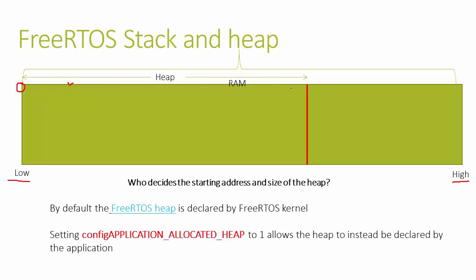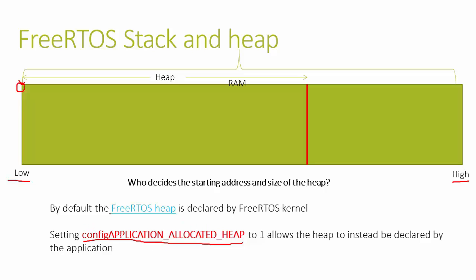By default, the FreeRTOS heap is declared by the FreeRTOS kernel itself. The place from where it starts, and the size of the heap, will be decided by your kernel during compile time. If you don't want the kernel to decide it, then you can set a configuration item, configAPPLICATION_ALLOCATED_HEAP.